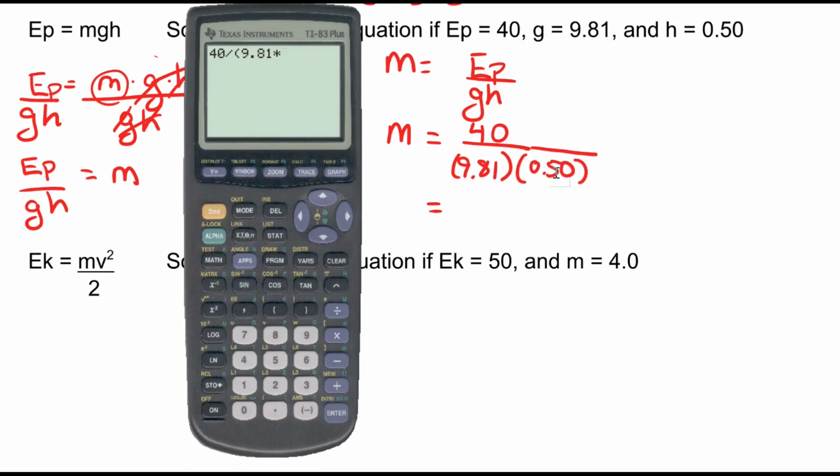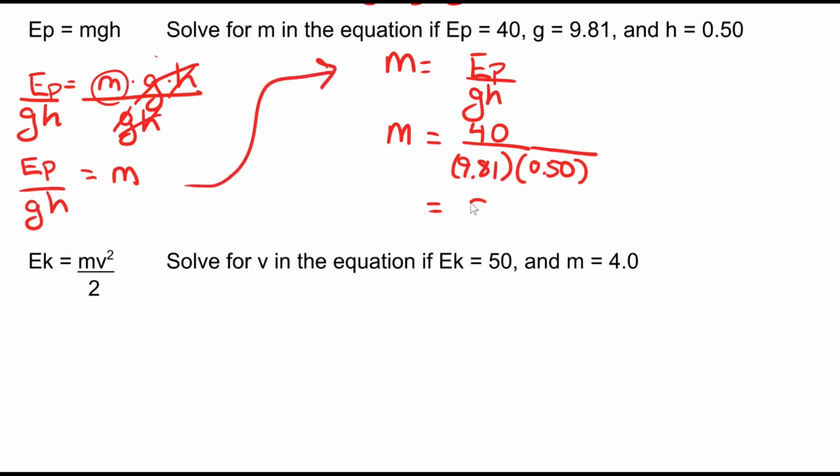And then on the bottom, there's also 0.50 end bracket. So I've got 40 divided by both 9.81 and 0.50. And on the bottom, they're multiplying each other. So when I do this calculation, I get 8.1549 blah, blah, blah.